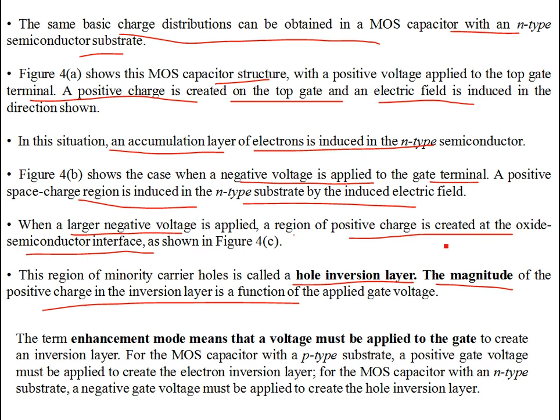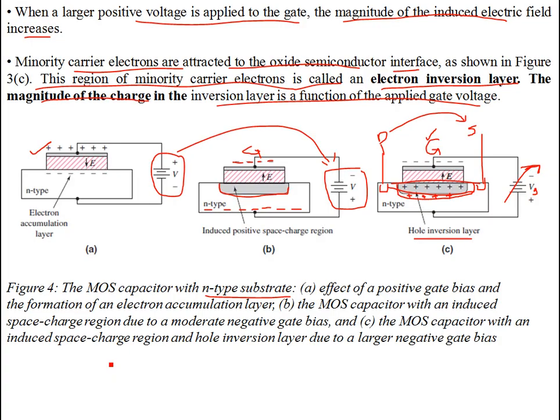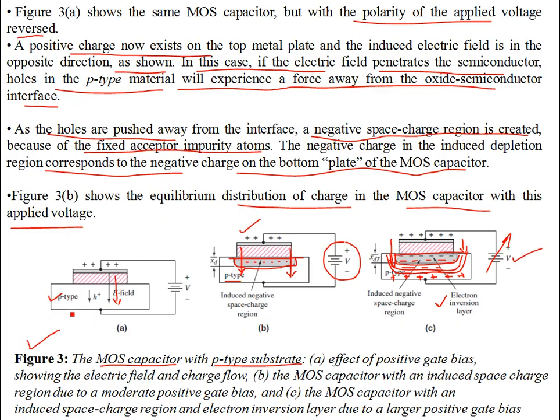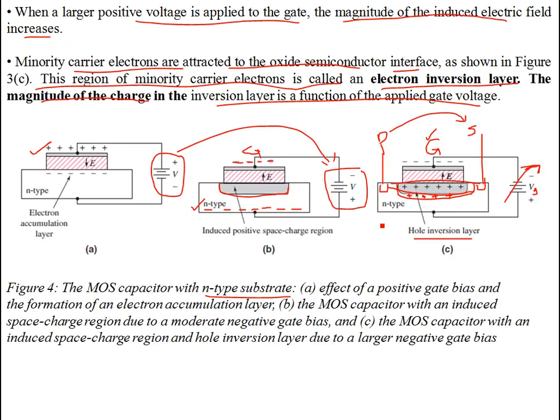So this term enhancement mode, if you have heard about this before, means that the voltage must be applied to the gate to create an inversion layer. In both cases, whether you have an N-type substrate or a P-type substrate, you need the gate-to-substrate voltage. Why do you need it?